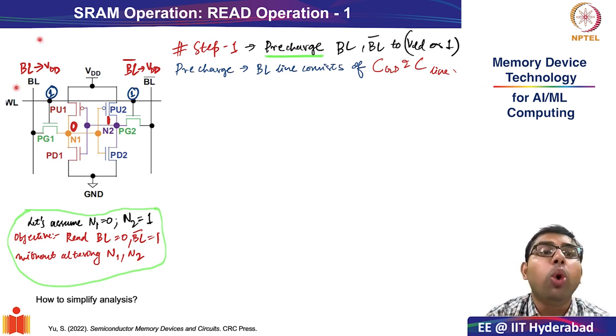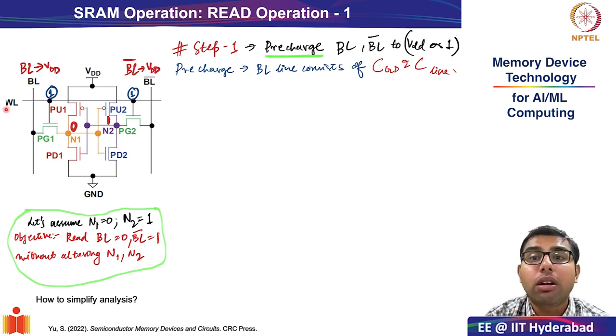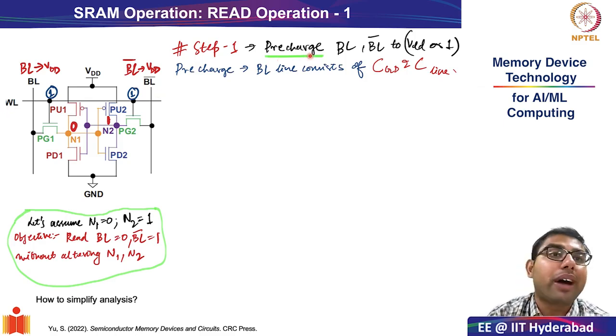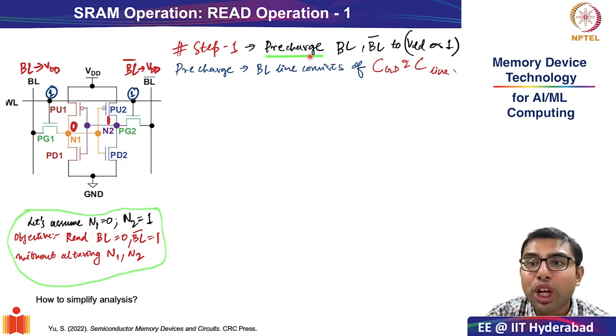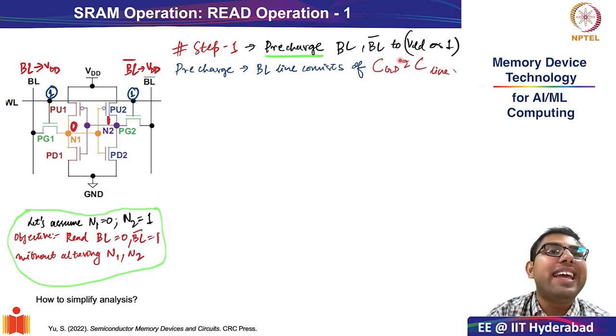So what we do even before we turn on the word line, and that is why the terminology pre is coming here. I hope you remember why we use the terminology charge, because here bitline and bitline bar are these long interconnects with CBL as the capacitance.